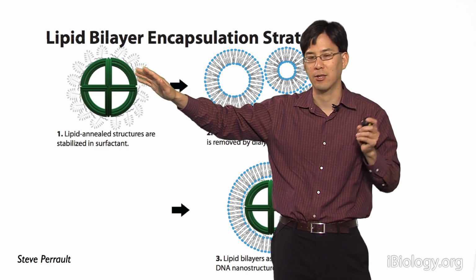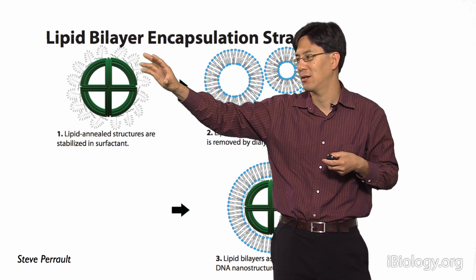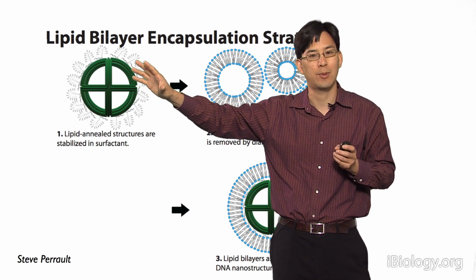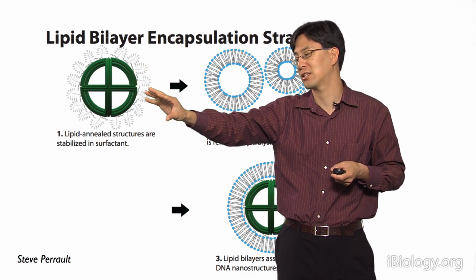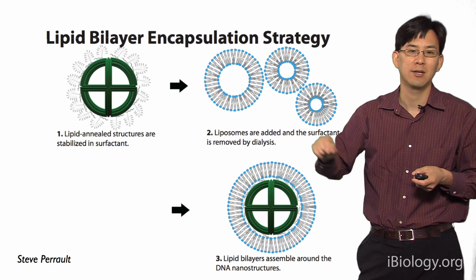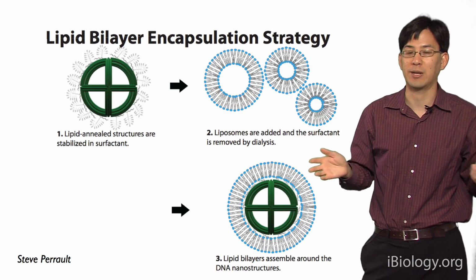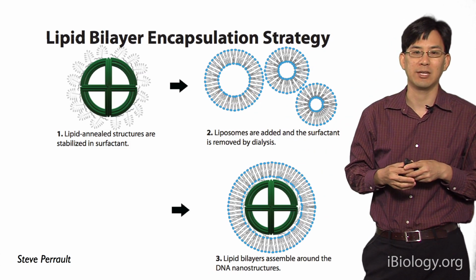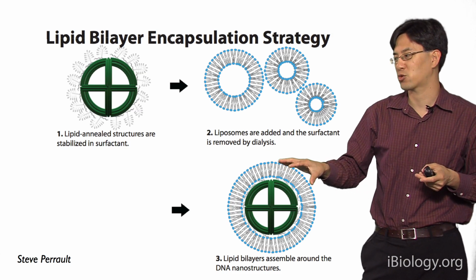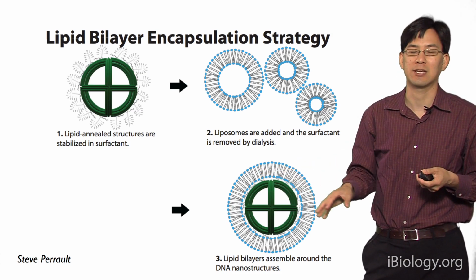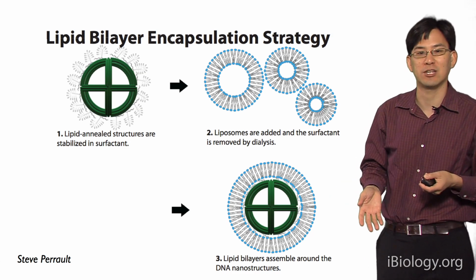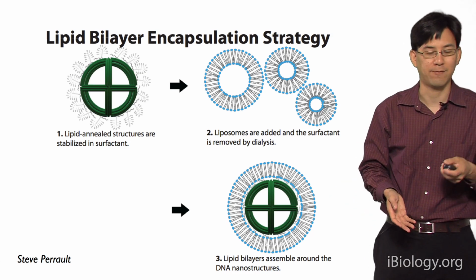He has something like on the order of 50 copies of these lipids covering his octahedron. The next step is that he dilutes this into a solution of giant liposomes, and then dialyzes out the remaining detergent. Through a process that we still don't quite understand, we get shrink wrapping of the liposomes around our DNA nanostructures, creating something, again, that resembles, under the transmission electron microscope, enveloped viruses.